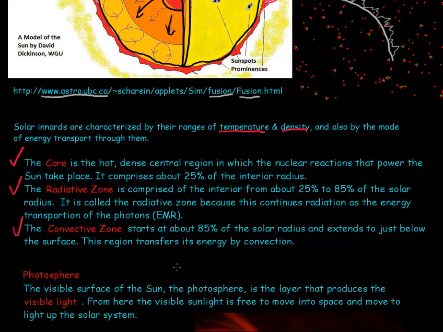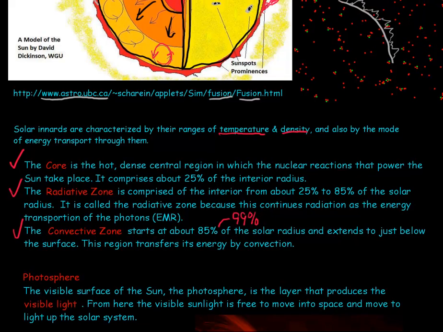The convective zone, 85% to maybe 99%, is a convective way, and I had them draw arrows to show the hot stuff rising up to the surface, passing on its energy to the last layer, and then cooling off and dropping back down to be reheated, and we drew 5 or 6 of those convective cells inside there.